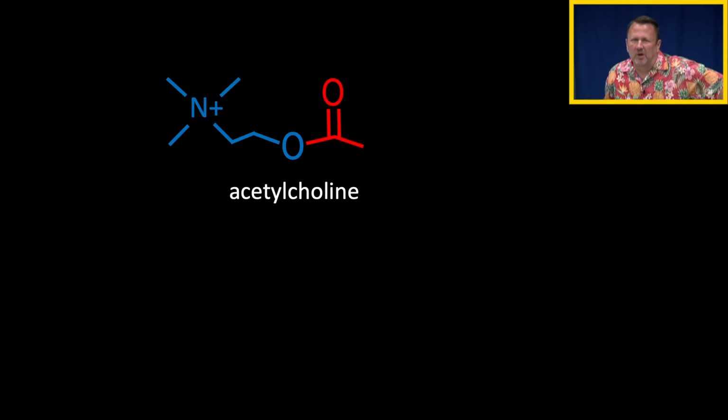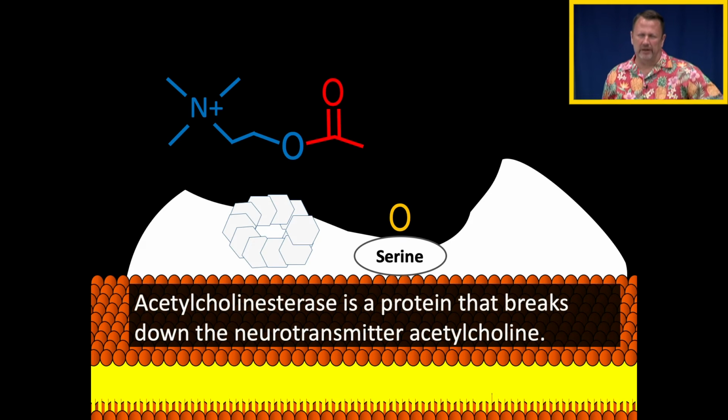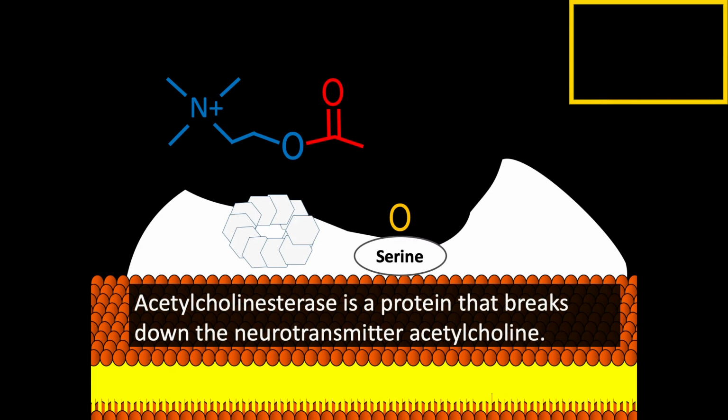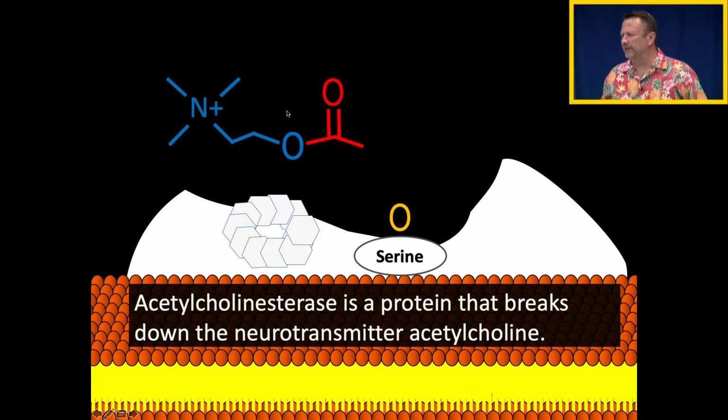So here's my acetylcholine again, and there's my acetylcholinesterase. That's not to scale. If this was actually acetylcholine, then acetylcholinesterase would probably be about the size of this building, because acetylcholinesterase is made of long, long chains of amino acids, and acetylcholine is about the size of an amino acid.